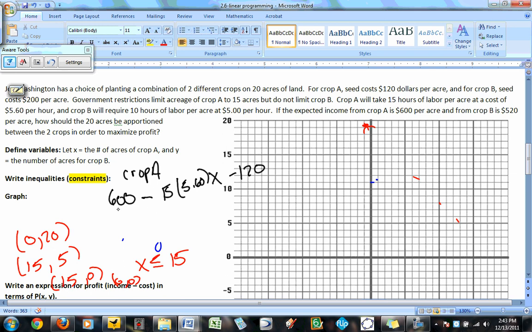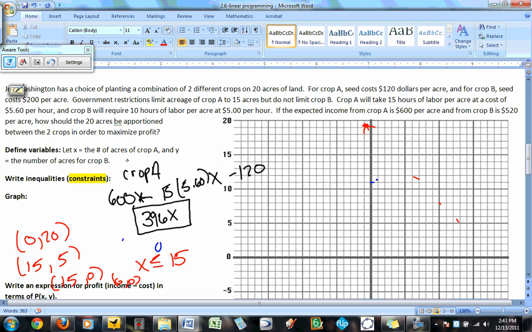So our overall profit function for this, if I combine like terms, our profit is $600 per acre, so 600x minus 15 times 5.60x minus 120. If I combine like terms, for every acre that I plant, I'm going to make $396. So 396x for crop A.